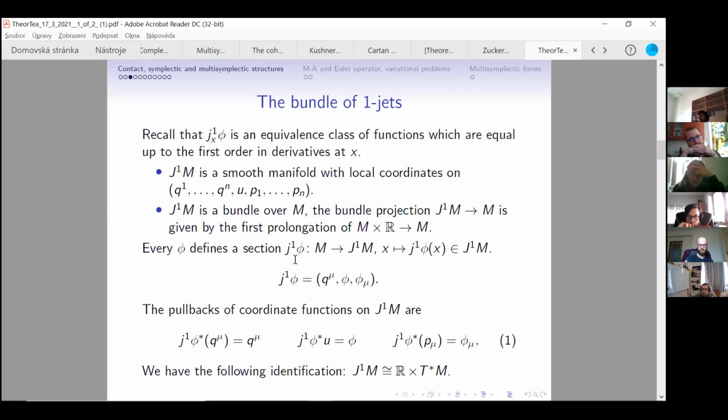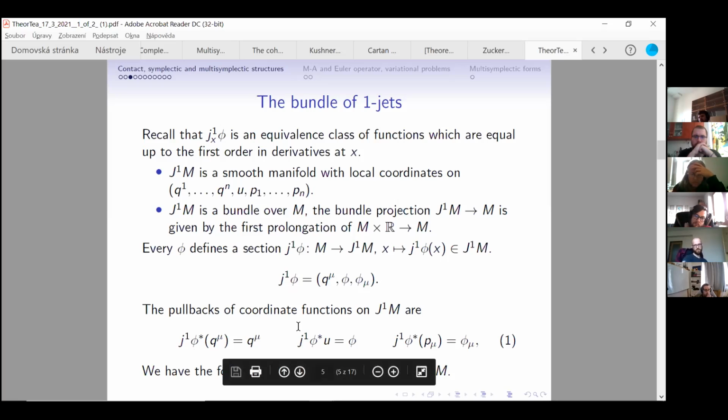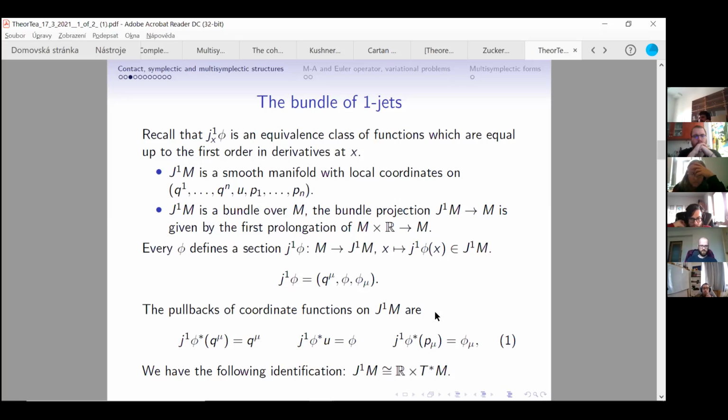So as I said, every function seen as a section of the trivial line bundle defines a corresponding section of the first jet bundle. And this is a coordinate expression of the section. So just notice how the pullback of coordinate functions works. The pullback of Q mu is again Q mu. The pullback of U is phi, the function itself.